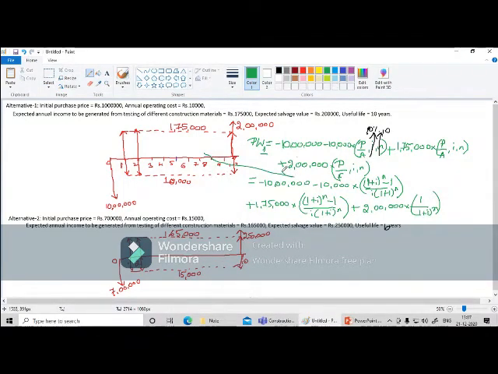Substitute all the values, I as 0.1, n as the years.